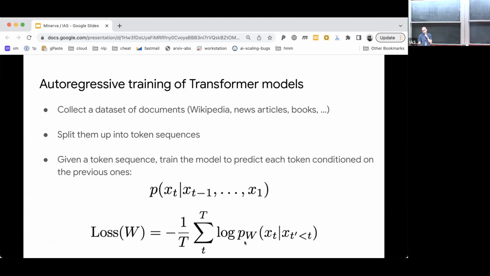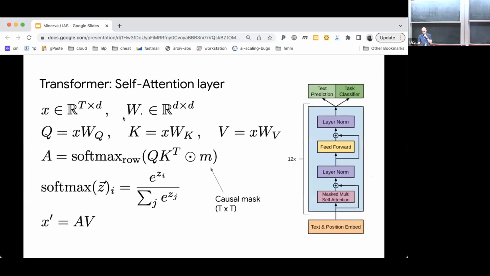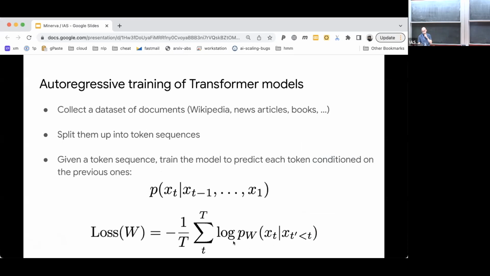P is a function of the W's, right? It's a function through all these calculations that go in, all these linear transformations and so on. So P is a composition of all of these calculations, and so P depends on all the W's. When we update the W's, the P will change.